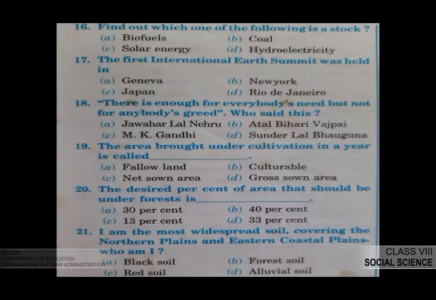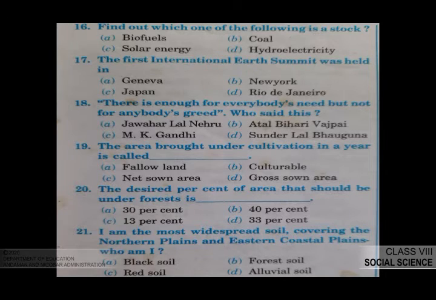Your options are fallow land, culturable, net sown area, gross sown area. Do it on your own. Now next question, the desired percent of the area that should be under forest is? Options are 30%, 40%, 13% or 33%.